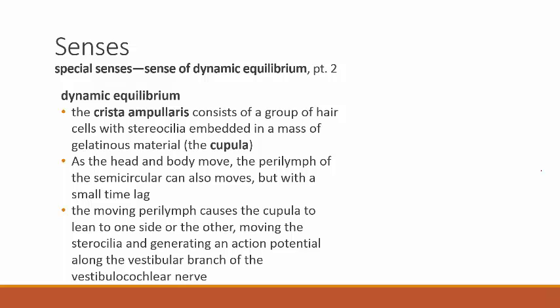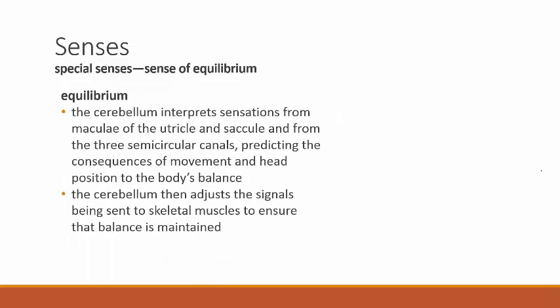And as the cupula deflects, the hair cells recognize those deflections as local membrane potentials, and once again, with sufficient stimulation, we generate an action potential in the axons of the neurons of the vestibular branch of the vestibulocochlear nerve. And that gives us that sense then of how the head is moving forward, side to side, or up and down.